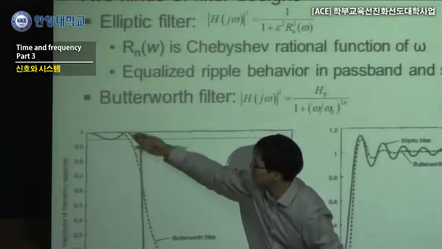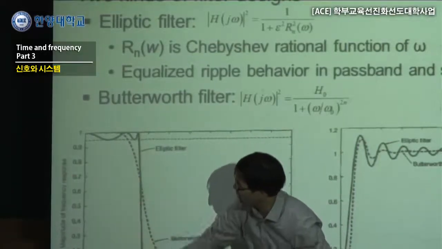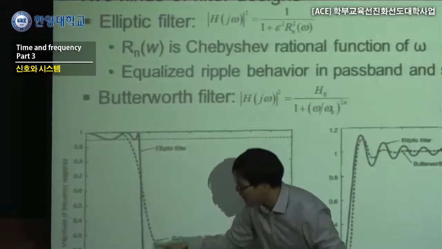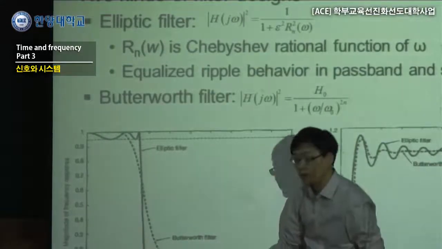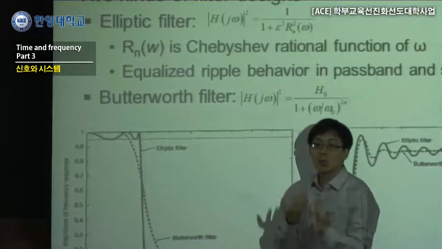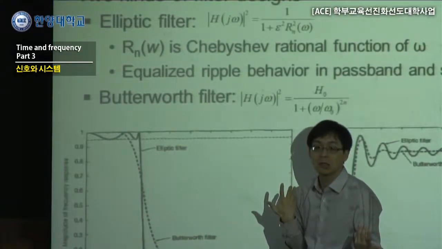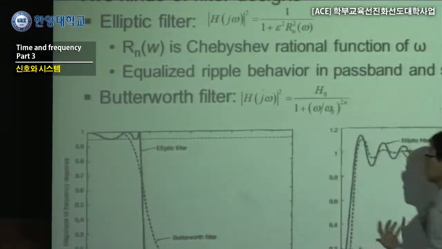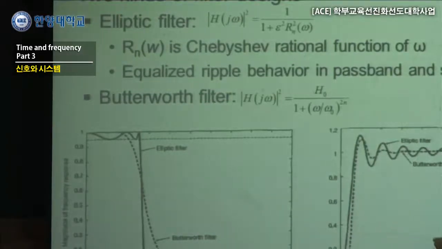This dot passes, this one passes, this one passes, this one passes, until this point. Stop and pass are not well separated. So what you can see from here is that in a real filter, it's almost impossible to make a perfectly selective one.